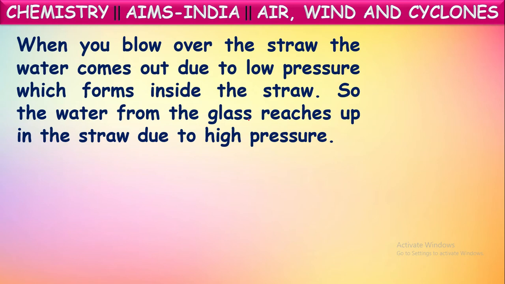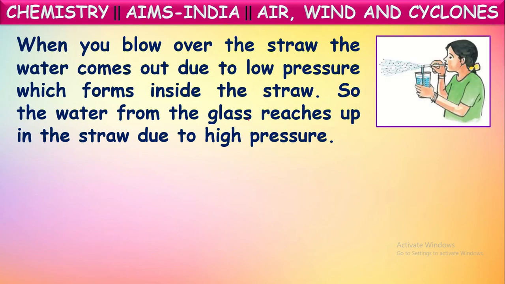When we blow air over the straw, the water comes out due to the low pressure which forms inside the straw. Now we are blowing air through the straw, so air is pushed out from this straw. In this vertical straw, a low pressure area is created.